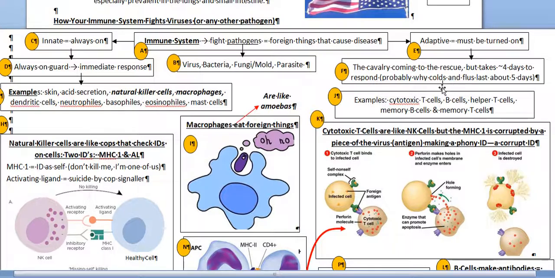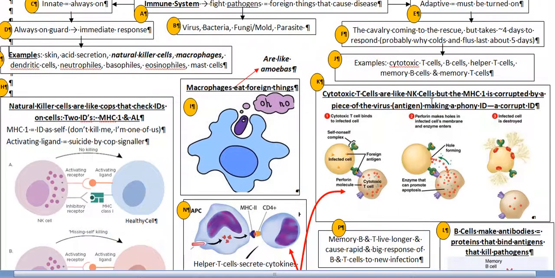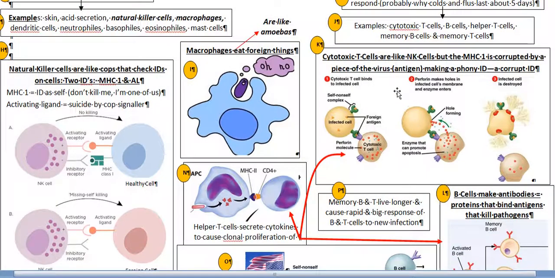You don't want to waste all the resources on these guys unless you need them. Some examples are cytotoxic T cells, B cells, helper Ts, memory B cells, and memory T cells. So there are 5 different types. I know you're going to get confused here. There's a lot of stuff, but I'll go through it one at a time.